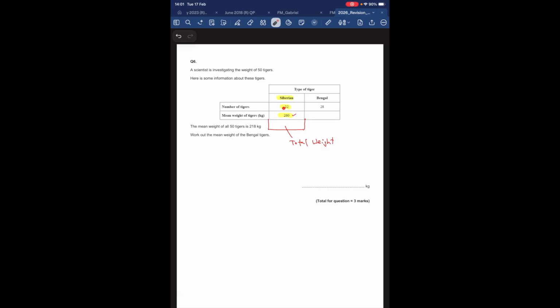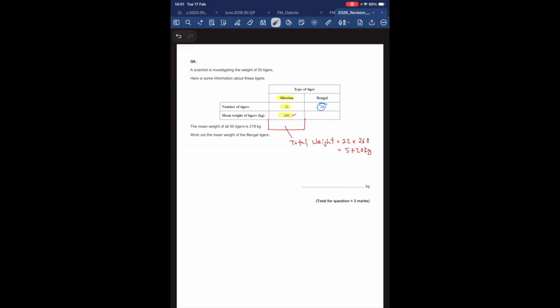So 22 tigers, each one weighs 260 kilograms. So their combined weight is going to be 22 times 260. And if we work that out, we get 5,720 kilograms.